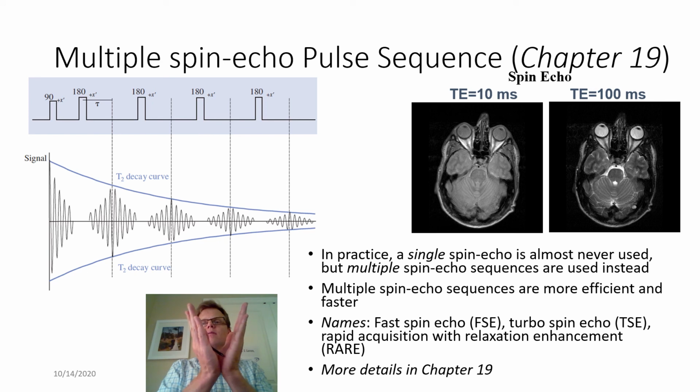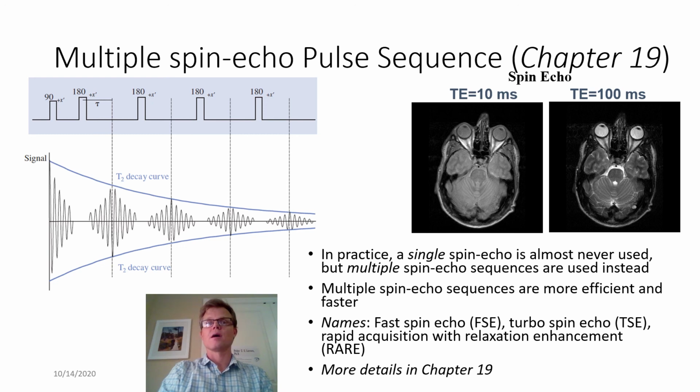It fans out, we flip it over, it fans back together, fans out, flip it over again, and so on repeatedly. So we can repeatedly refocus the T2 star term and be left with pure T2 decay at multiple spin echoes.